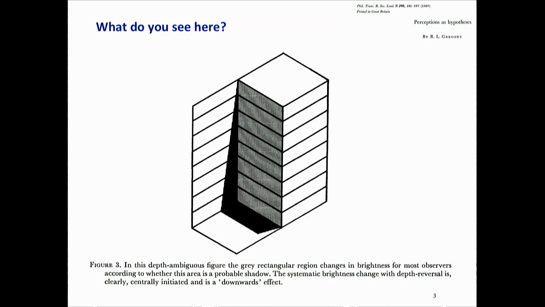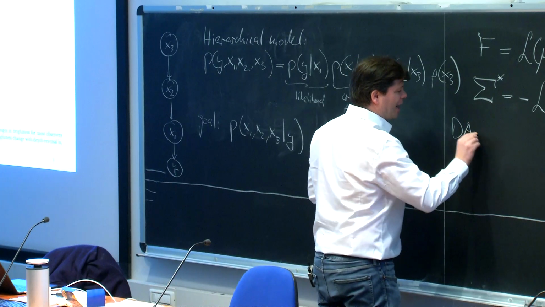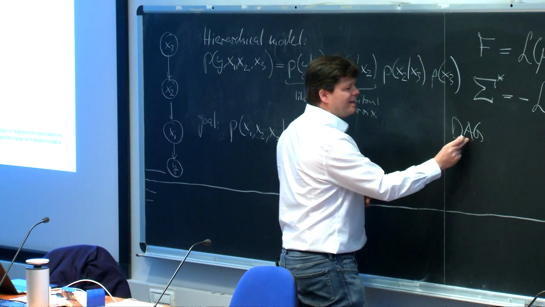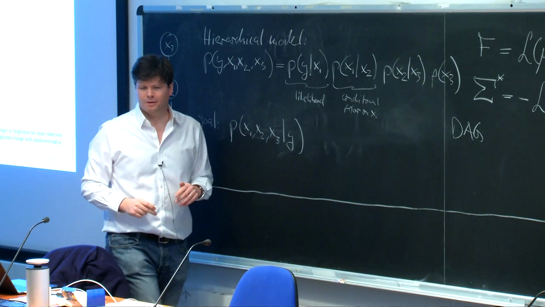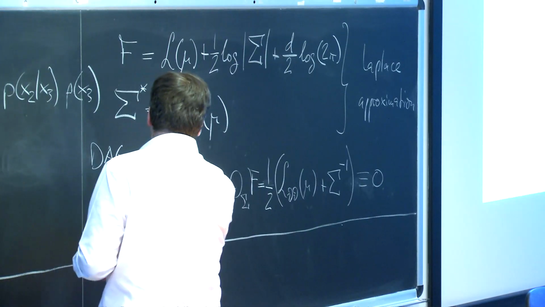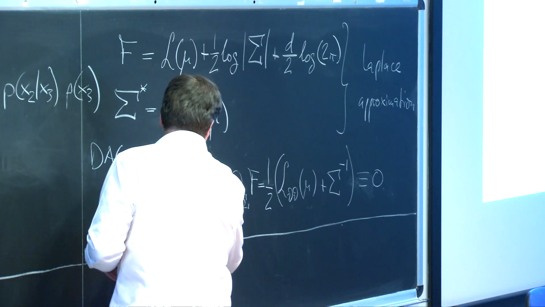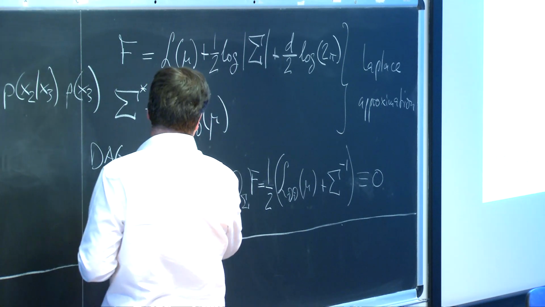Don't bother with learning this, but it's technically called a DAG, and a DAG is a directed acyclic graph. Directed means there's always a direction of influence from one node to the other.